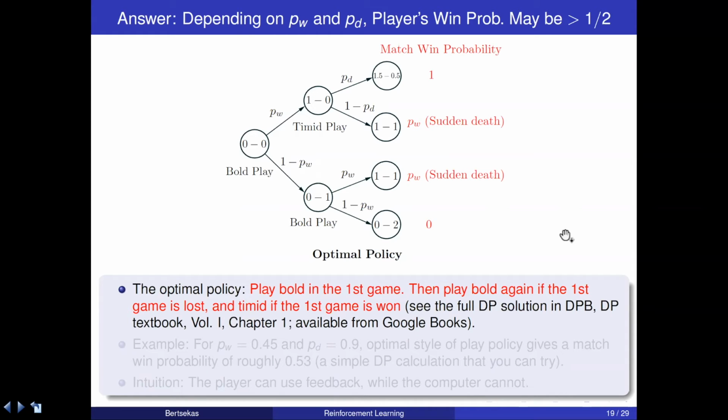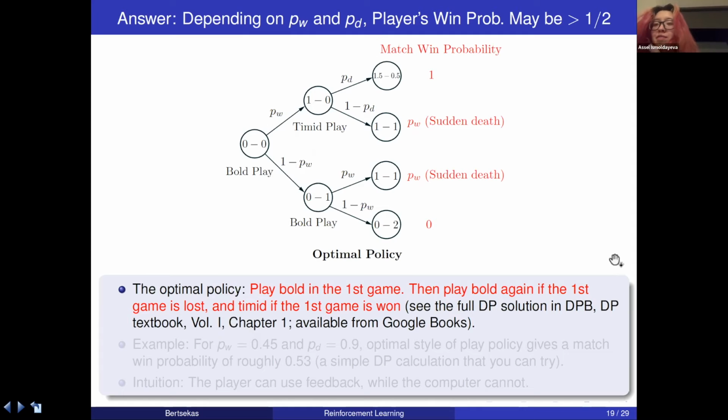My intuition was that the first play has to be a bold play, because otherwise, if you play timid, then it basically doesn't make sense, because you either are at the same spot where you started, or your opponent has an advantage. So the first play has to be bold. And then if you lose, it has to be a bold play again, because if it's timid, you stand 0 probability for winning.